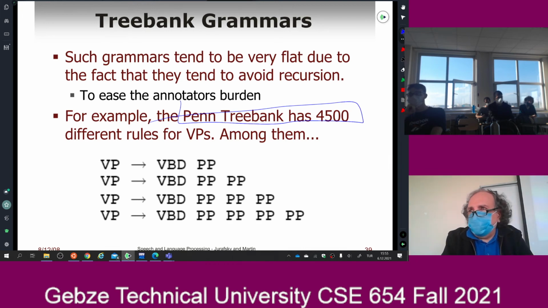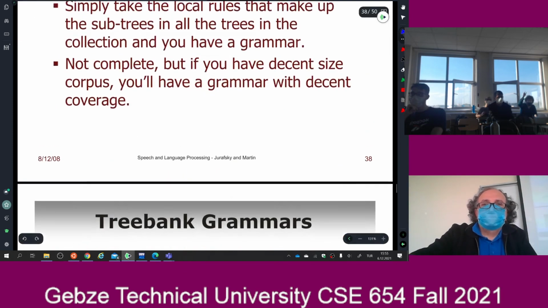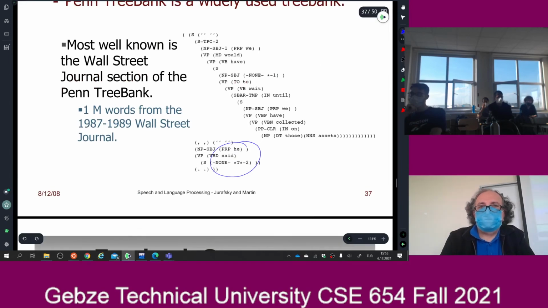Did I answer your question? I didn't understand your question then. So what exactly is the treebank? Is it trees that are pre-generated that we can just fit things in? Given a sentence, it gives this tree.